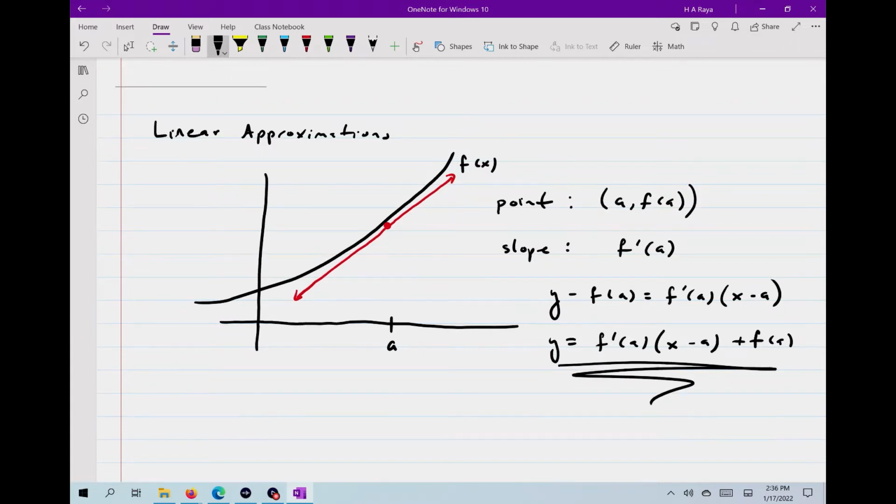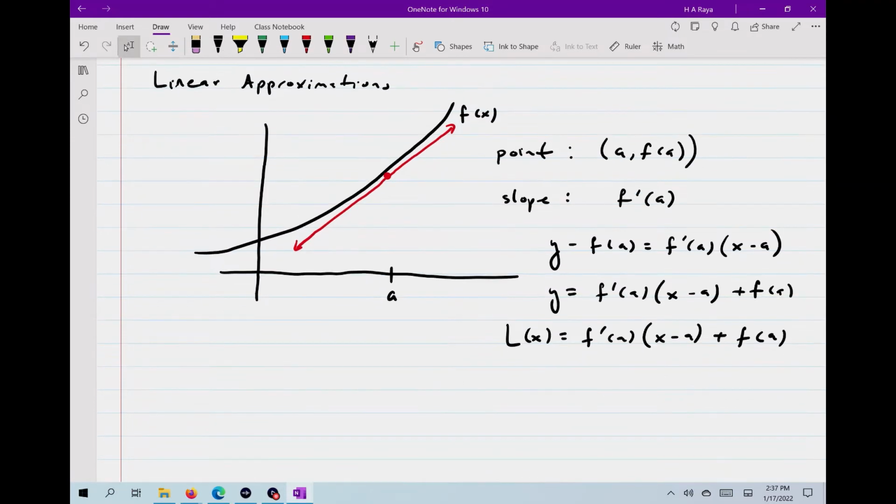This equation is called the linearization of f of x at a, and often it replaces that y with capital L of x. So again, this is what's referred to as the linearization of f of x at a.